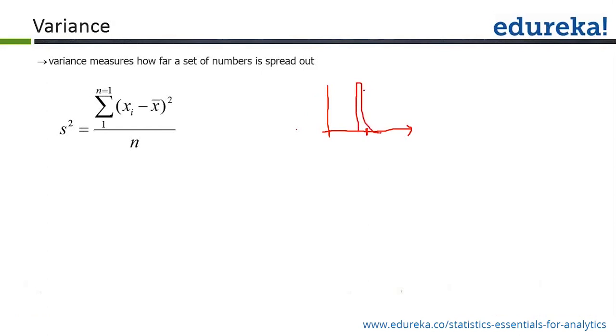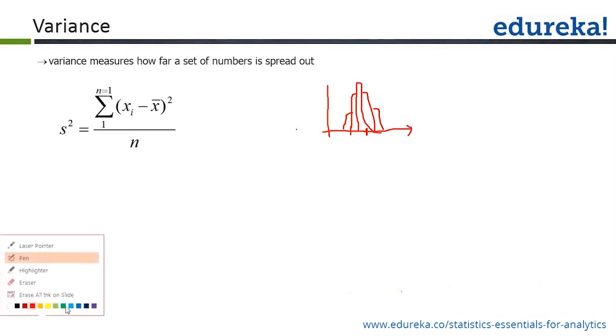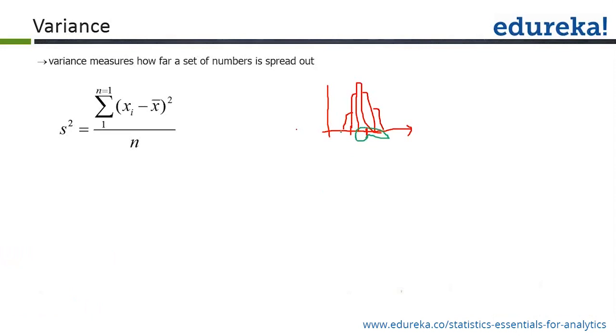Let us assume the values are like this, and you have found the so-called mean, and let us assume this is the place for the mean. Now you are interested in finding out how far these points are from this mean. That idea can be represented using a concept called variance.